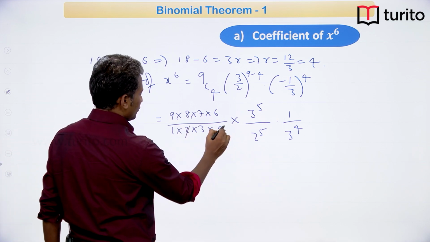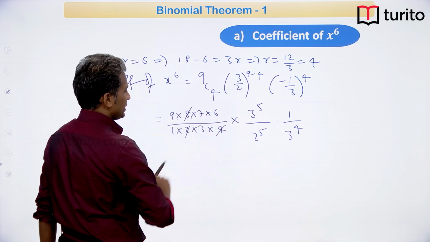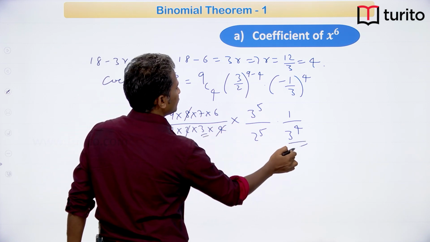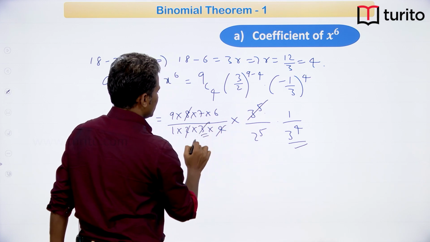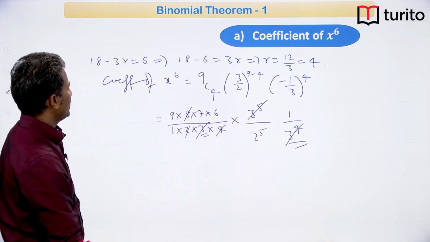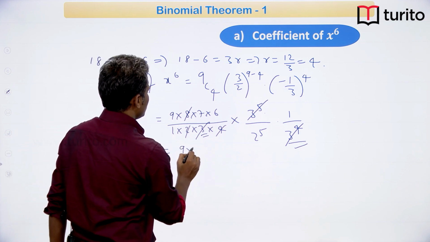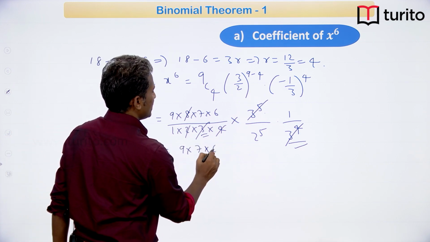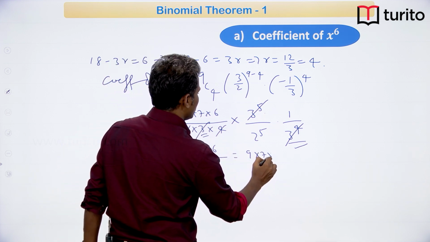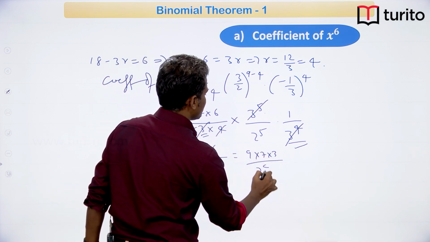So, 2 and 4 will get cancelled with this 8 completely, and there is 3 raised to 4 here, 3 raised to 5 here. So, this will get cancelled with these 3's. So, what is remaining is 9 into 7 into 6 divided by 2 raised to 5, or 9 into 7 into 3 divided by 2 raised to 4.